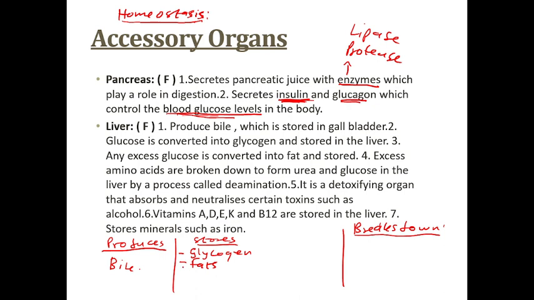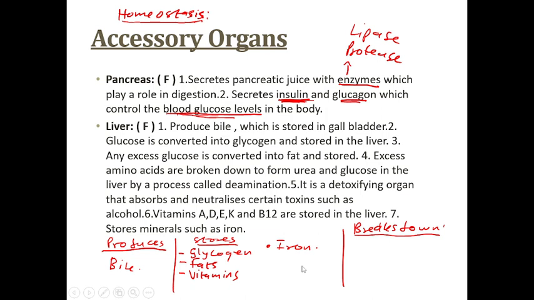What else does it store? The liver tends to store vitamins. It stores vitamins A, D, K, B12.